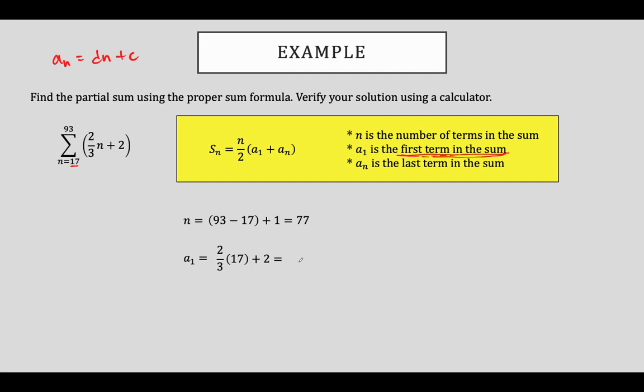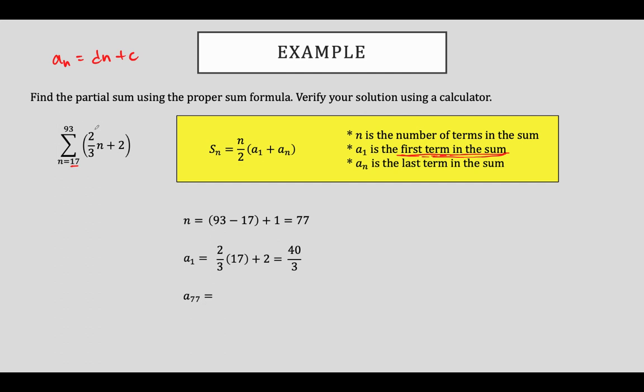We plug that into our calculator, hit enter, hit the math frac button. Always nice to get a nice easy fraction to work with if we can. And we end up with 40 divided by 3. There is the first term in the sum, a1. And a subscript 77 would be the last term in the sum, right? We're trying to find the sum of 77 terms. a77 is going to be the last term.